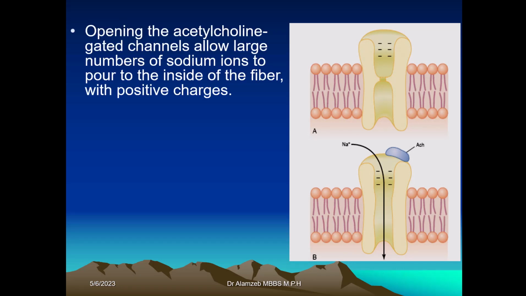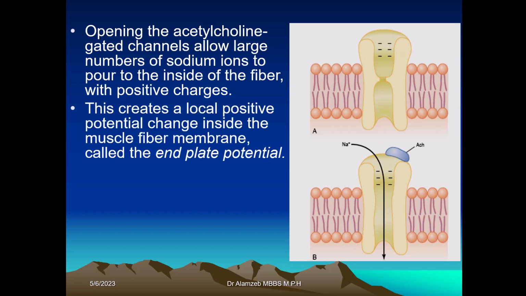Opening the acetylcholine gate channel allows a large number of sodium ions with positive charge to pour into the inside of the fiber. This creates a local positive potential change inside the muscle fiber membrane called the end plate potential.